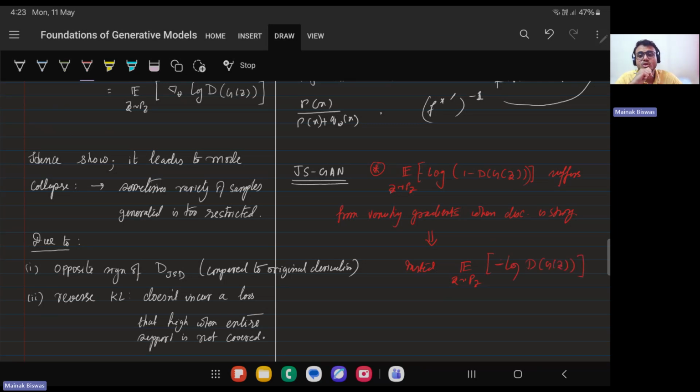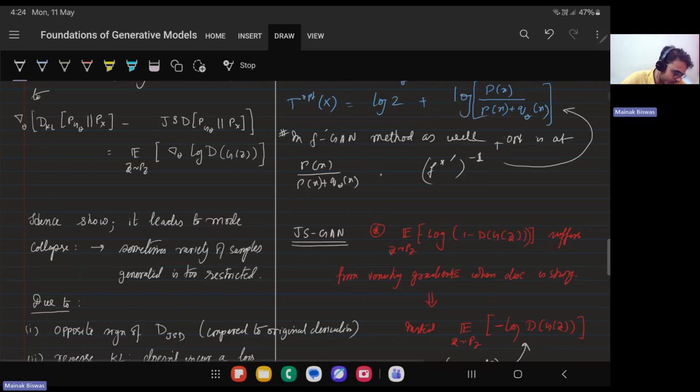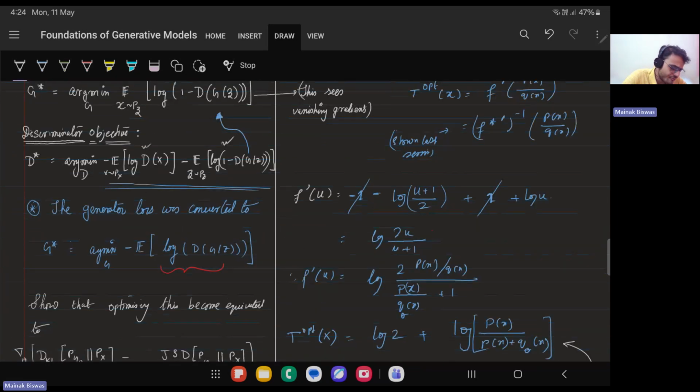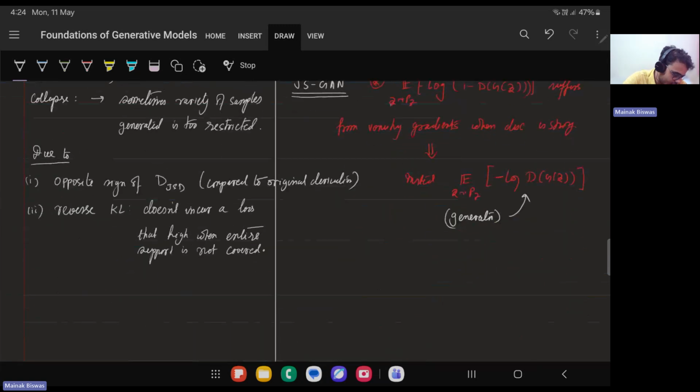And now you'll see this in our code as well. If you do this Goodfellow GAN training, this is for the generator, and we try to minimize this loss. So the generator has this loss, and the discriminator still categorizes between real and fake. If I draw this diagram, this is the G theta. This gives me G theta of z, which is equal to x tilde, from Pz. This is x.